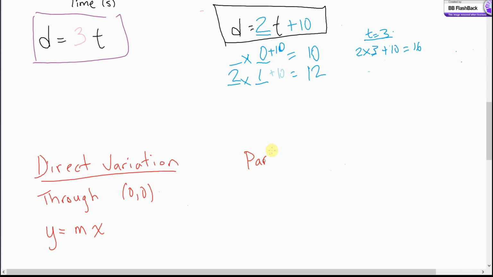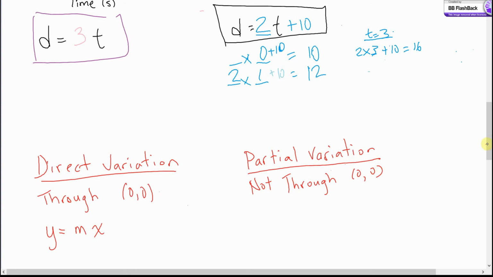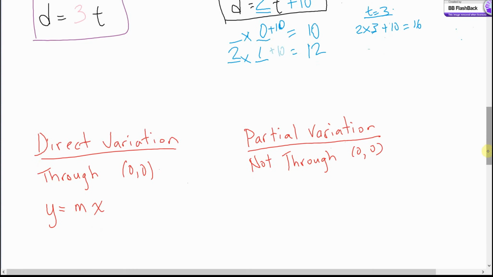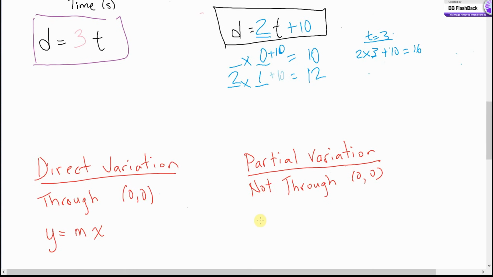Partial variation. So this does not go through 0, 0. It does not go through the origin. And the equation is going to look like the dependent variable is equal to a number times a variable plus a number.